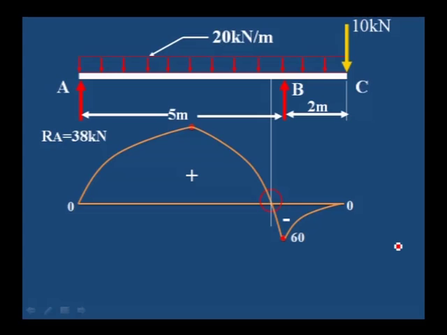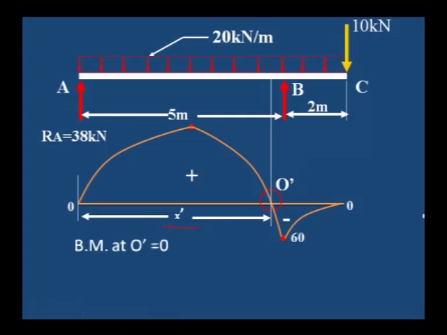And then to find the point of counterflexure, this is the point where it changes its sign. Let us call this O dash, at a distance of x dash from A. Bending moment at O dash is equal to 0.